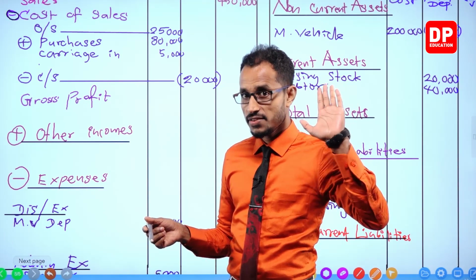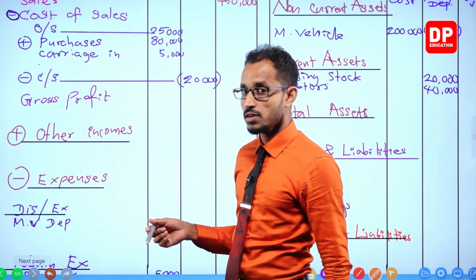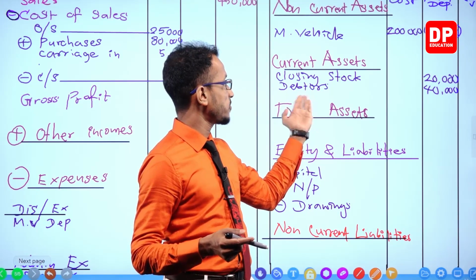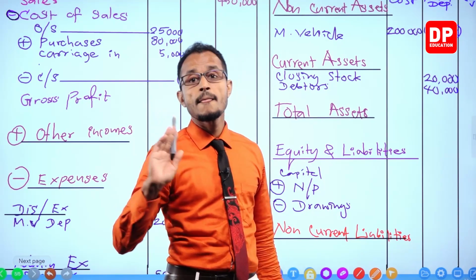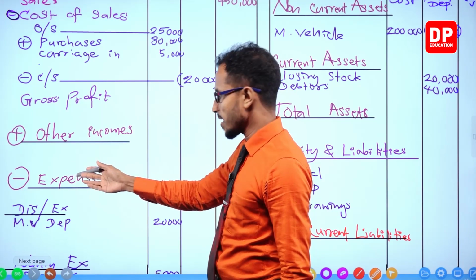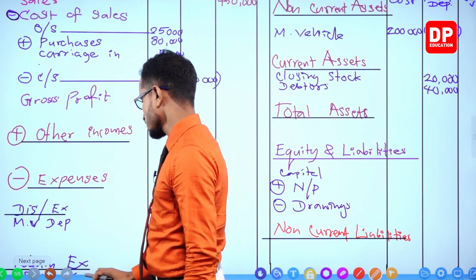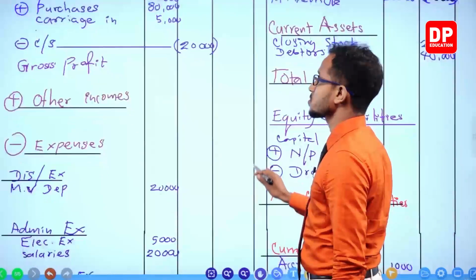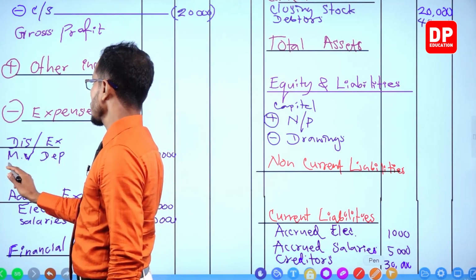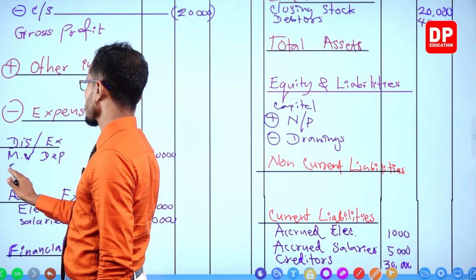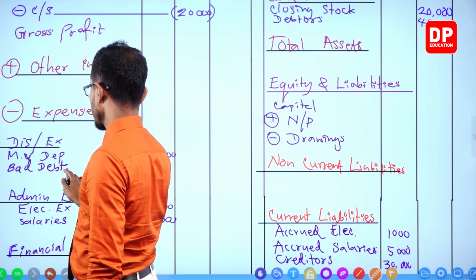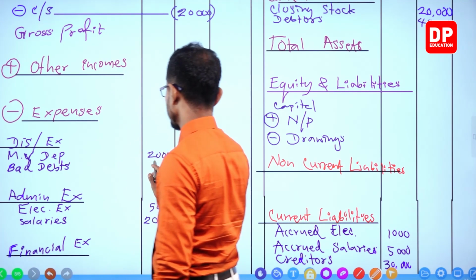If bad debts are given in the trial balance, don't subtract from debtors. Just put the bad debts to expenses. Bad debts should go to distribution expenses. Bad debts 3,000.